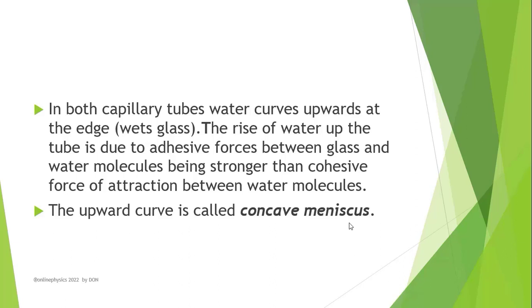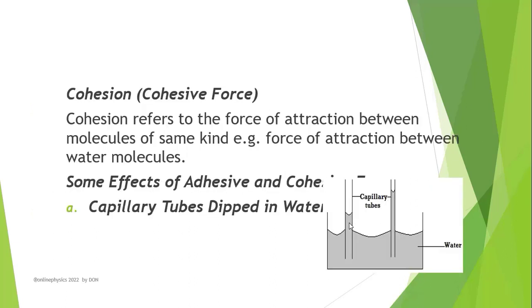The rise of water up the tube is due to adhesive forces between glass and water molecules being stronger than the cohesive force of attraction between the water molecules. So in this case here, you can check now that adhesive forces are stronger, forces of attraction between molecules of different kinds compared to cohesive force of attraction between molecules of the same kind.